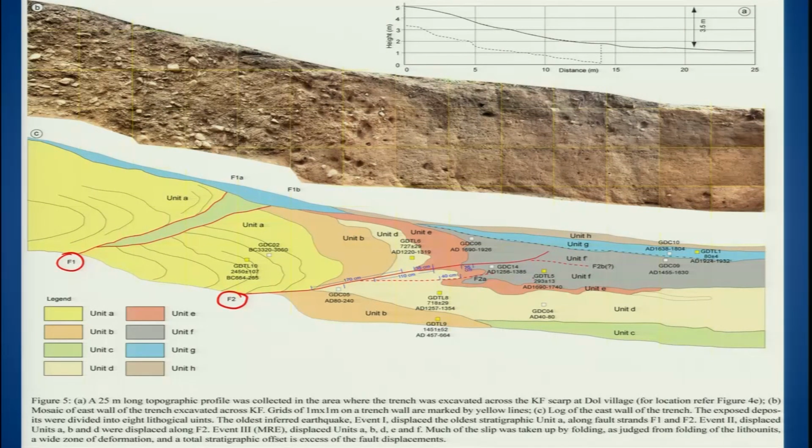So we take the older age of this one, because the younger age will be on the upper side. So the minimum age of this and the maximum age of the overlying unit we will take, and that will allow us to bracket the event.